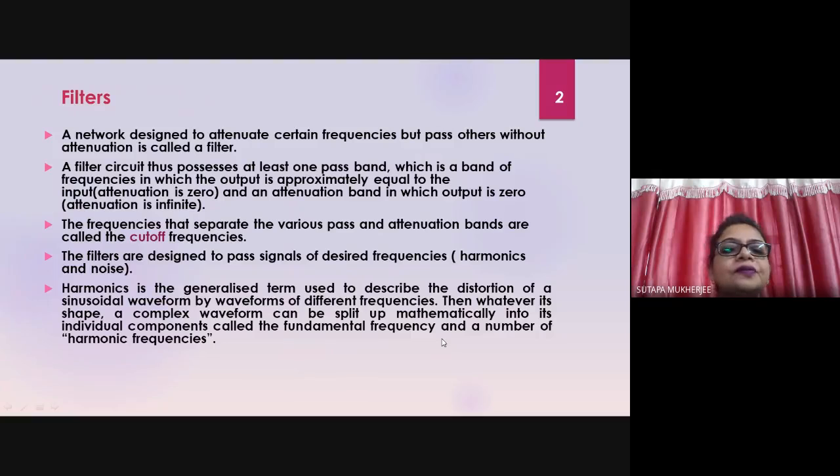That's all. You are already acquainted with the definition of a filter: a network designed to attenuate certain frequencies but pass others without attenuation. It allows certain frequencies and attenuates the frequencies which are not required. This is the definition of filters.